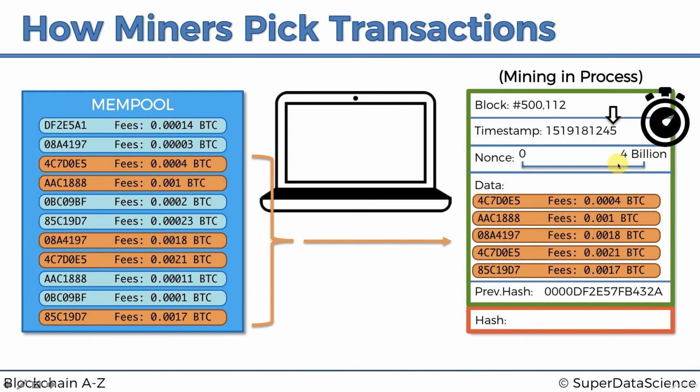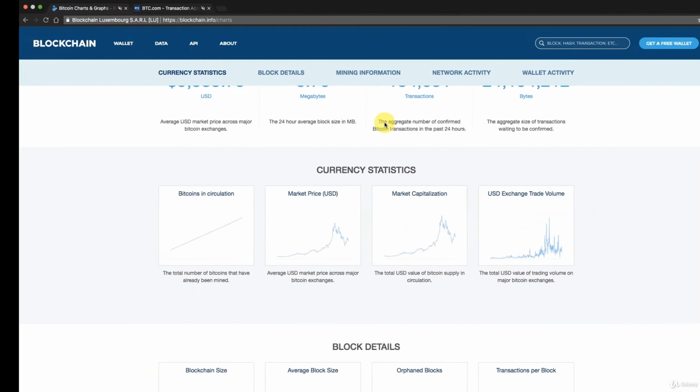So the timestamp changes, the nonce is something we can control, and the actual fees. Finally, we've uncovered how we can control, not the fees, the transactions inside the block, in order for all of these things to influence the hash. Okay, and so that's that. Let's have a look at some charts.